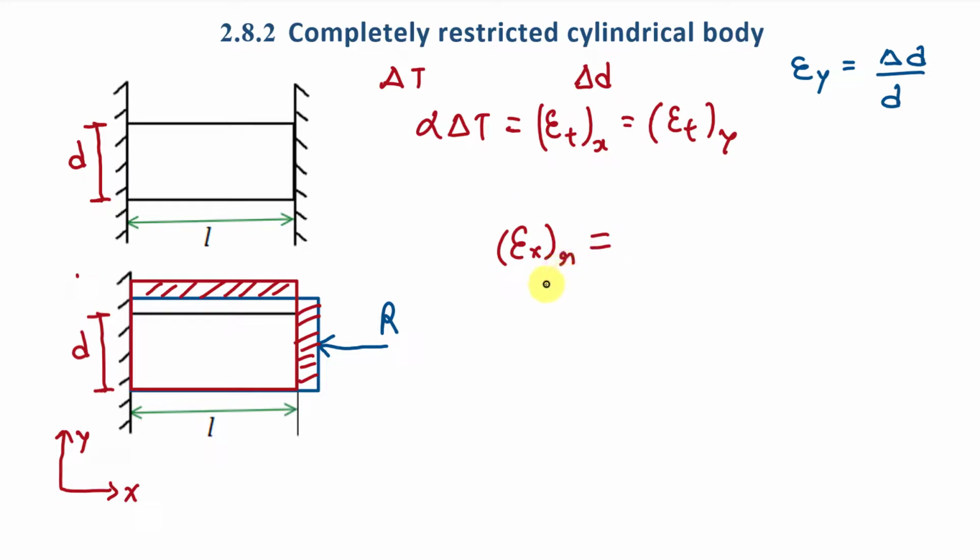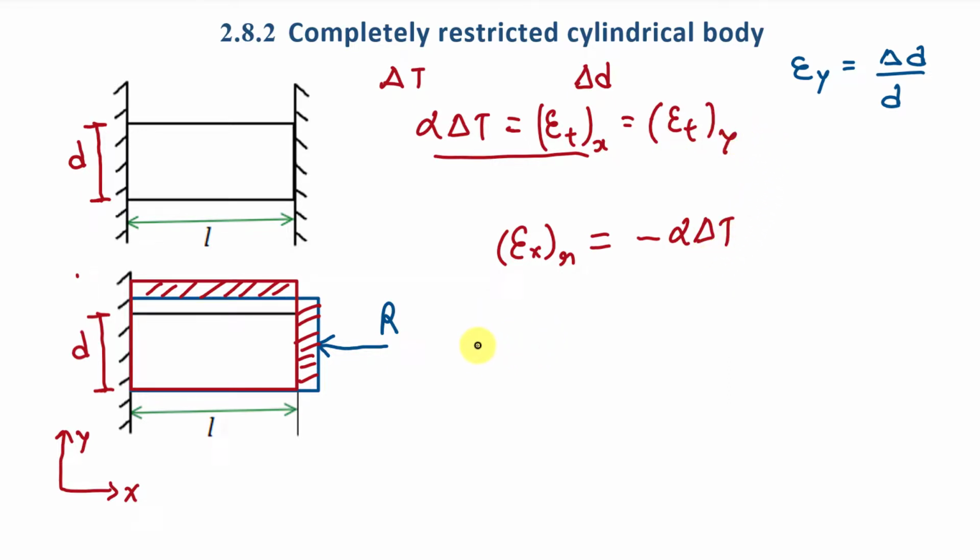Now understand that this value of strain will be equal to the strain in the body due to temperature difference delta T, that is this. So this will have the same value as alpha delta T, but this strain will be negative because we are applying compressive load R and here the length of the body is decreasing, right? So it will be minus alpha delta T.